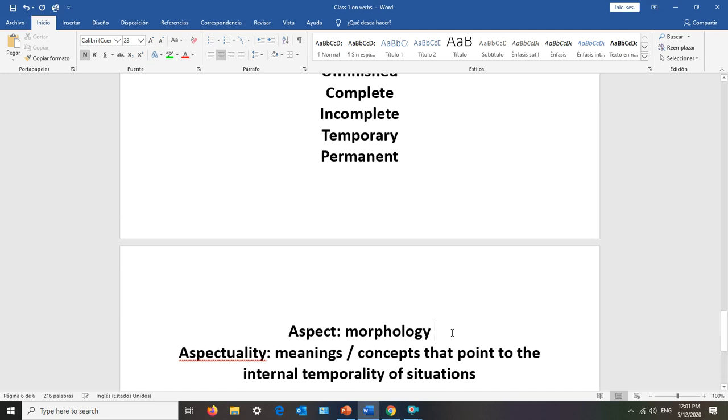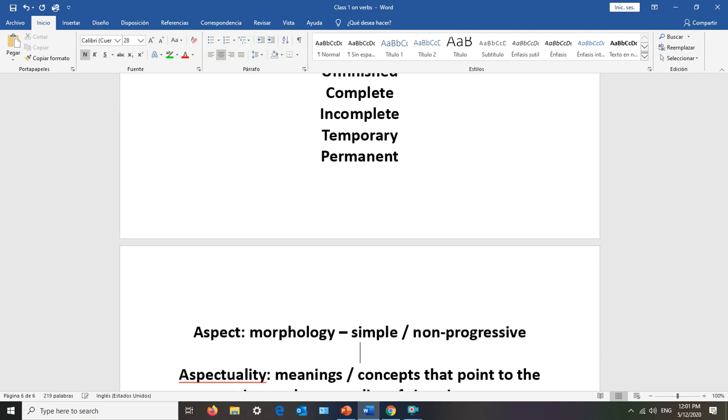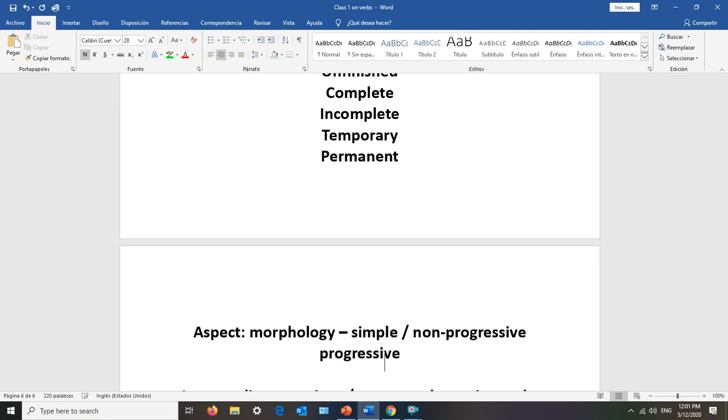So if aspect is associated with the verb's morphology, for English we use simple aspect or non-progressive, we use progressive, and we use perfect.